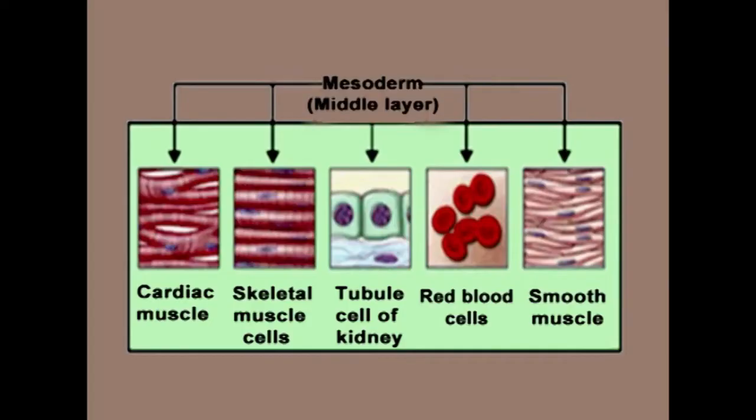Then the next layer of the cells is the mesoderm, which is the middle layer, which will become the circulatory system, the bones, the muscles, excretory system and the reproductive system. Every body part eventually develops from these 3 basic layers.